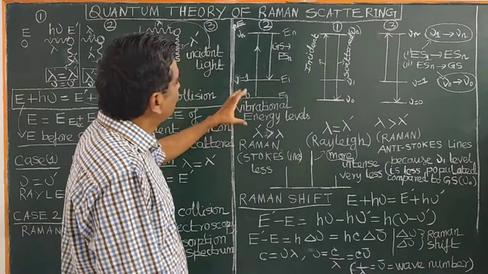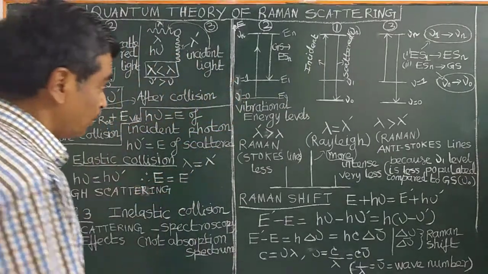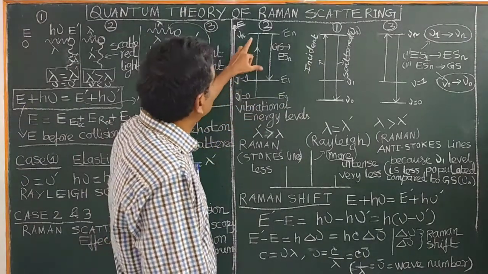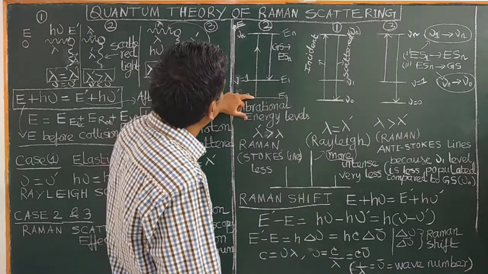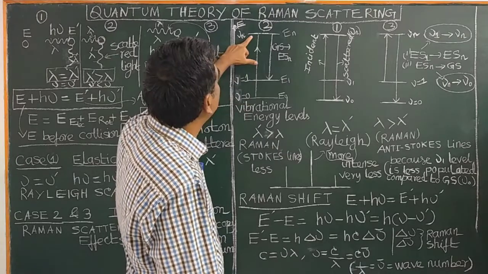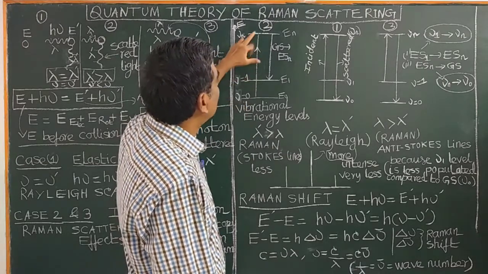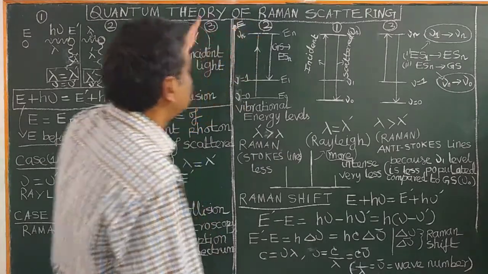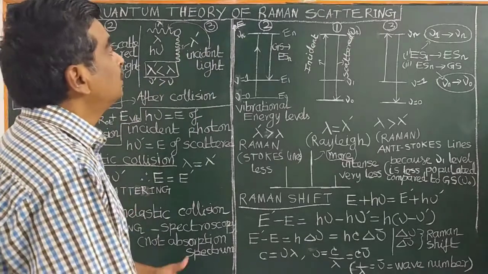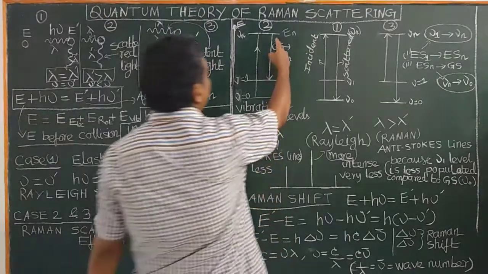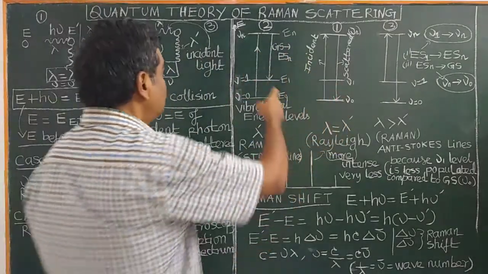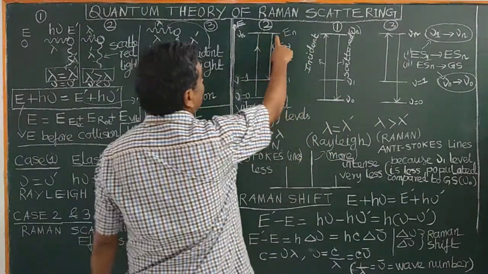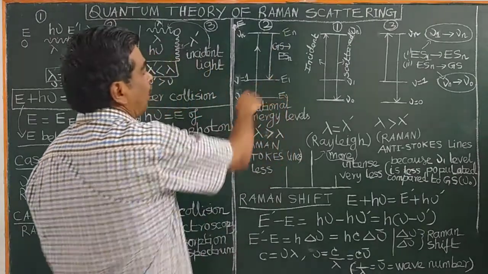Now when the photon of light interacts, the molecule undergoes transition from E0 to En. It goes to a highly unstable excited state, and from the excited state it emits light, that is the scattered light. Therefore it comes to an excited state, not to the ground state.